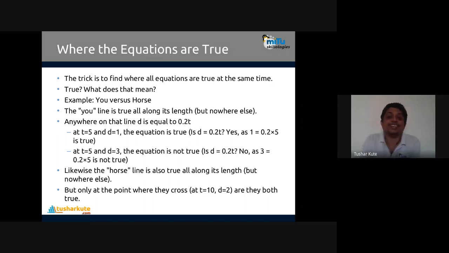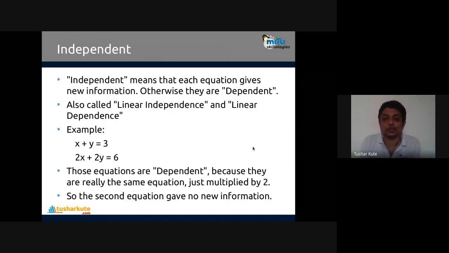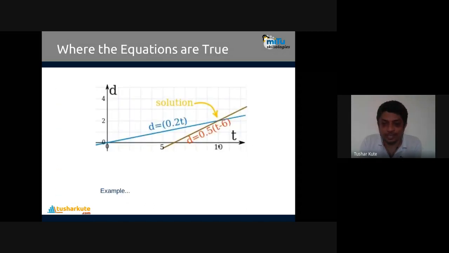More mathematically, t is equal to 10 and d is equal to 2. So exactly at this location where we have crossed, the horse has reached me. Above also, t is equal to 12 and d is equal to 5.